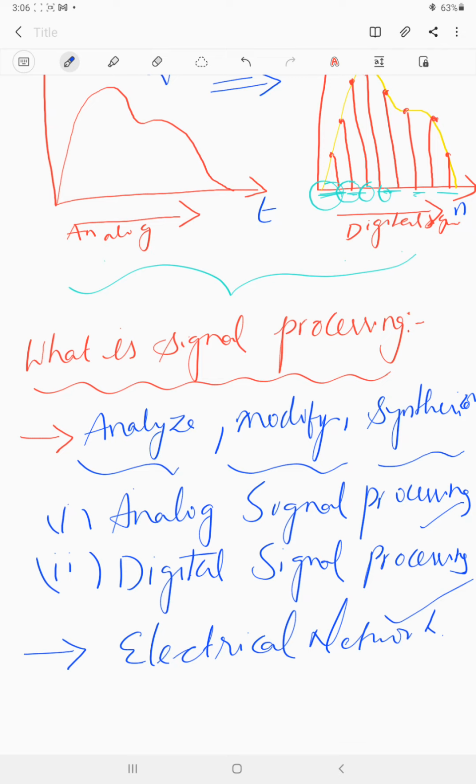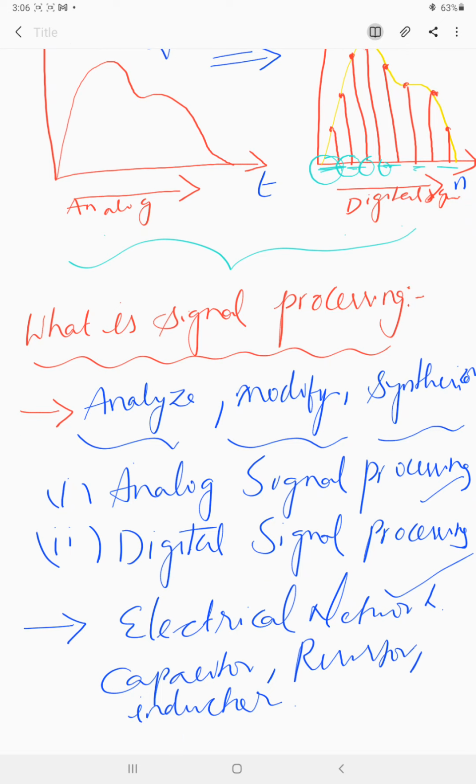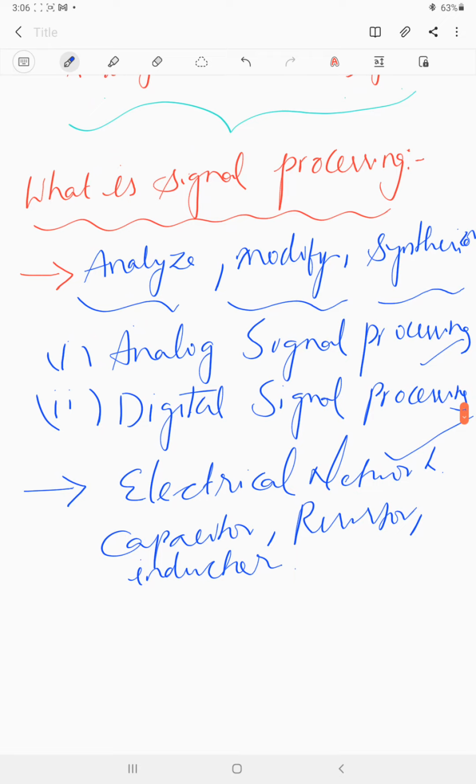For passive elements we can take capacitor, resistor, as well as inductor. So using these electrical networks, analog signals will be processed in analog signal processing.